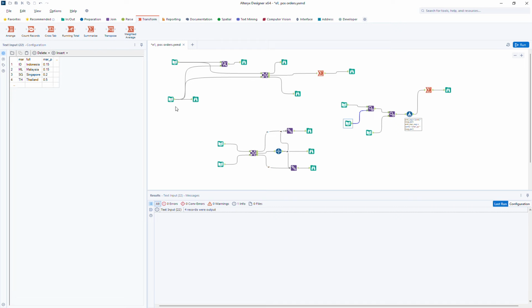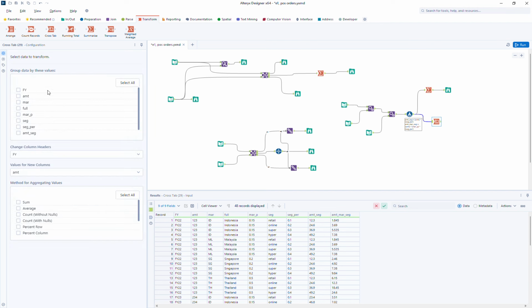So this one you can also use pivot as well. So pivot by market and segment. I will do market and segment in here, FY on top, and then I will do the amount by market and segment in here.